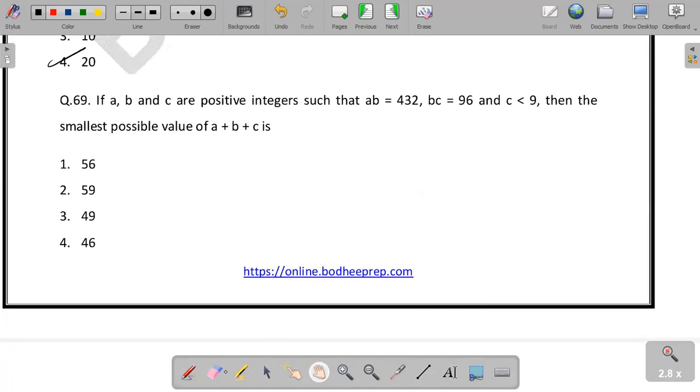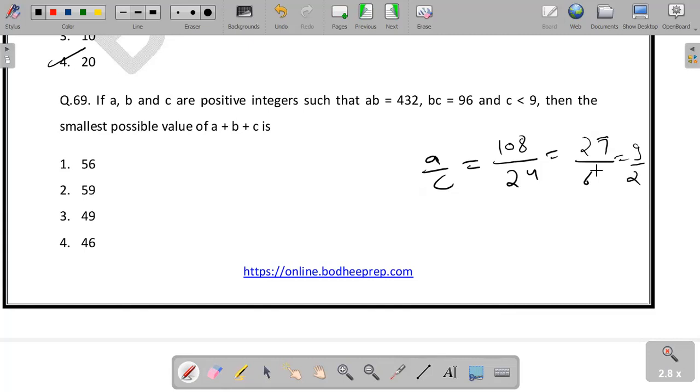If A, B, C are positive integers such that AB is equal to this, BC is equal to this, so I can say A by C is equal to, if I do काटा पिटी, अब फिर काटेंगे तो 4 से 6 and this should be 27. Ultimately 9 by 2.